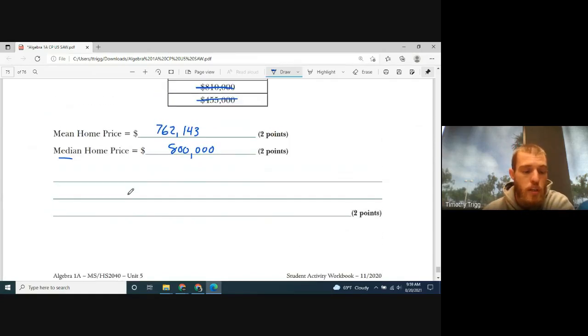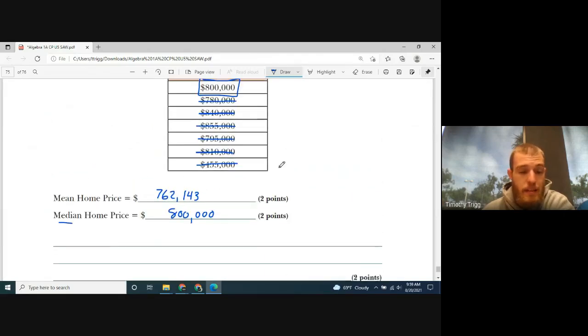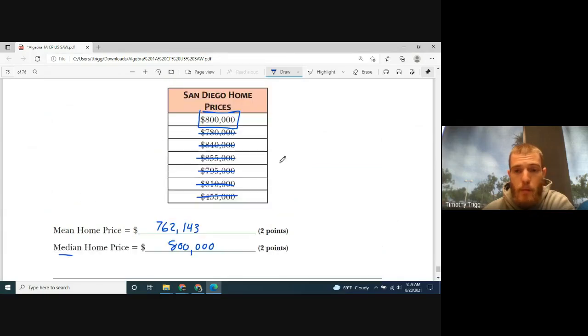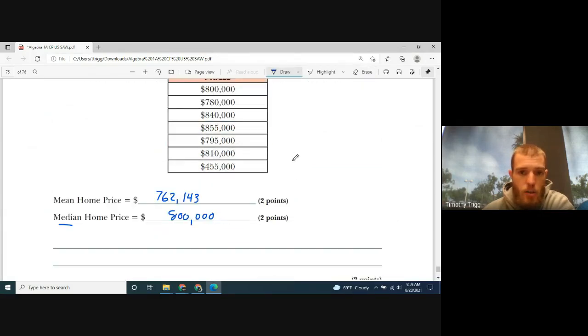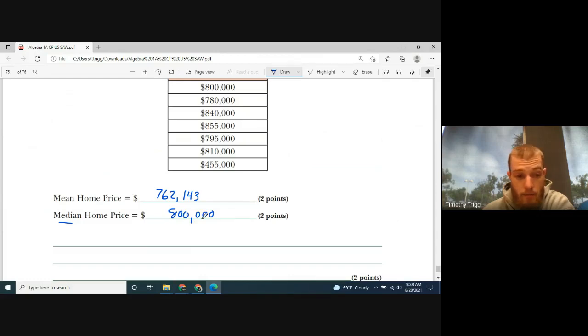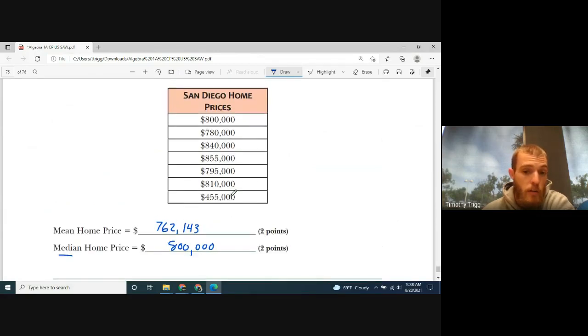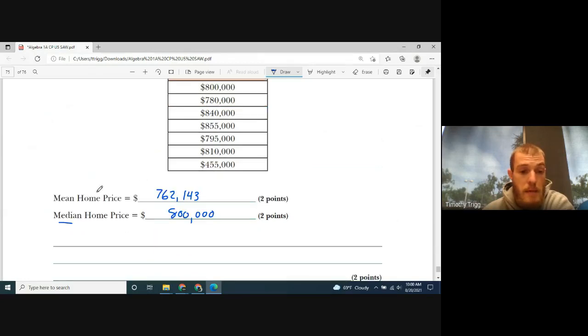So now you would want to explain which value best represents the center of this data. What they want you to basically see is that the median is actually a better measure of this. The reason why is because the mean is influenced a lot by outliers.